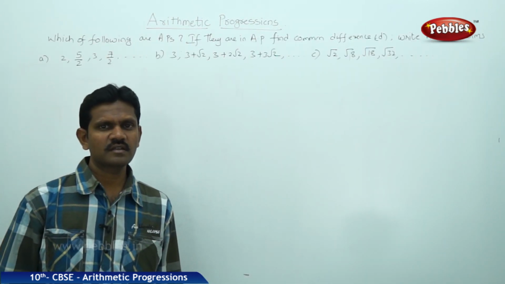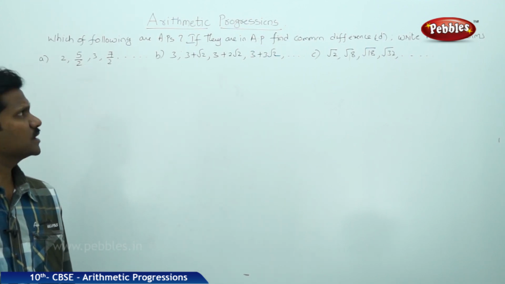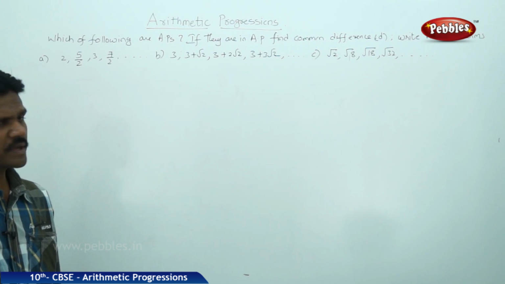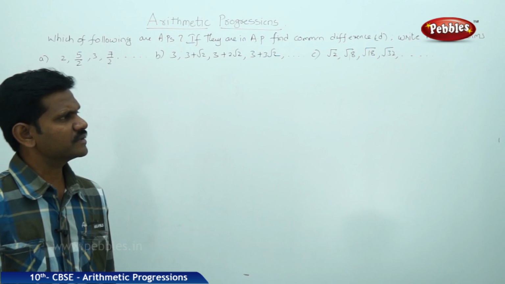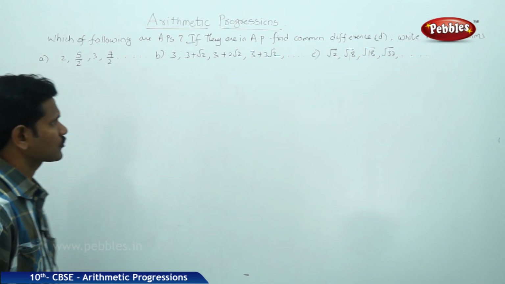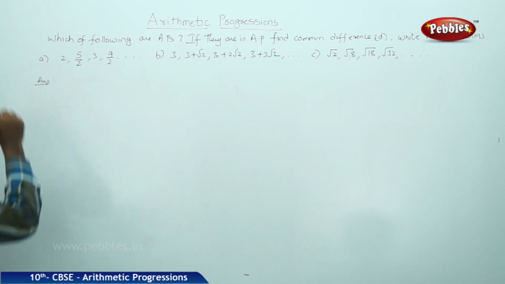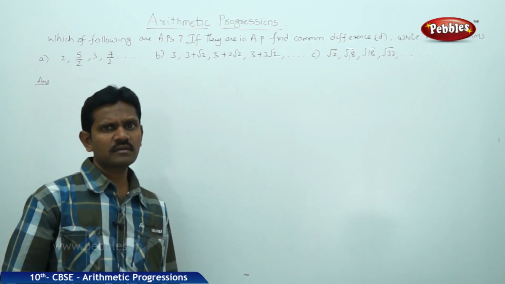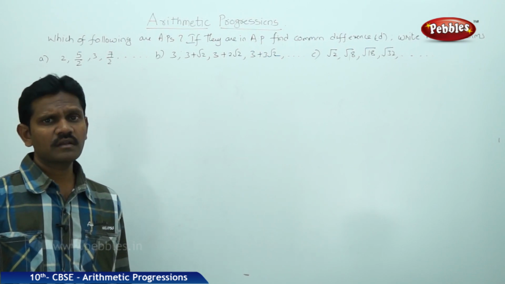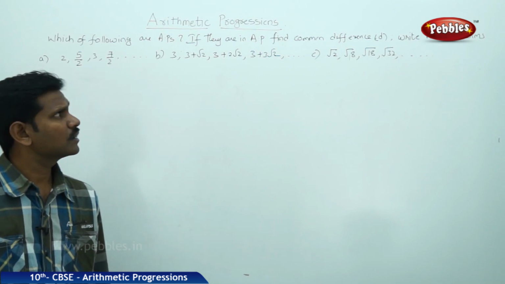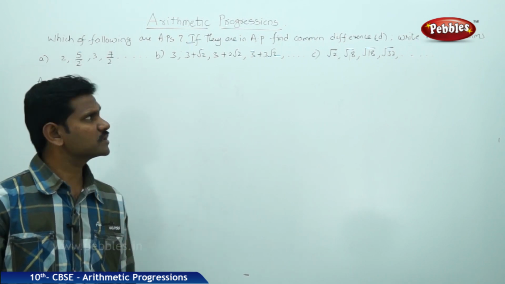Now see the next example. Which of the following are APs? If they are in AP, find the common difference D and write the next 3 terms. Come to the first one. Before checking whether the given ones are in AP, the condition is they must maintain the common difference throughout.